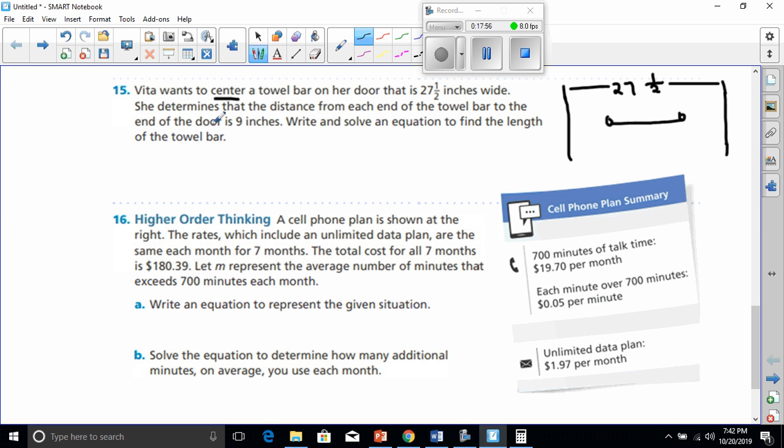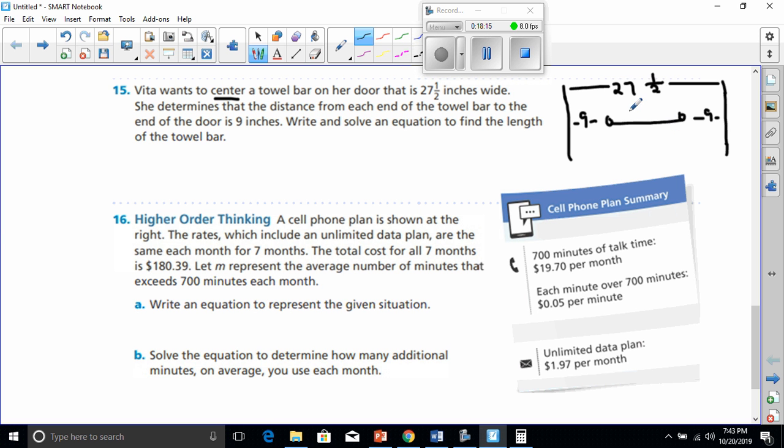They're saying that there's 9 inches from the end of the towel bar to the end of the door. So this is 9 inches from here to here, and this is 9 inches from here to here. Write and solve an equation to find the length of the towel bar.